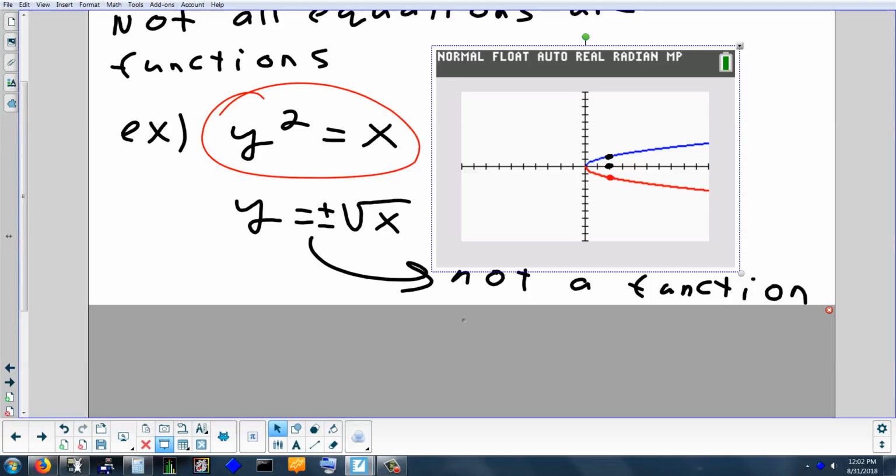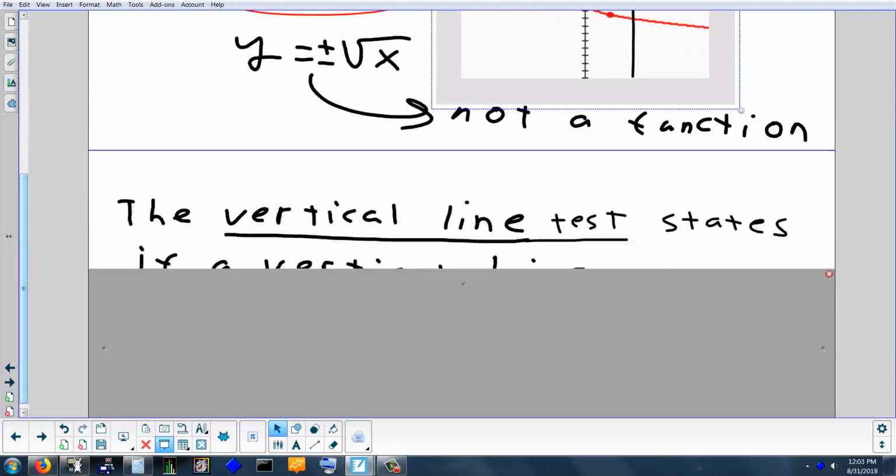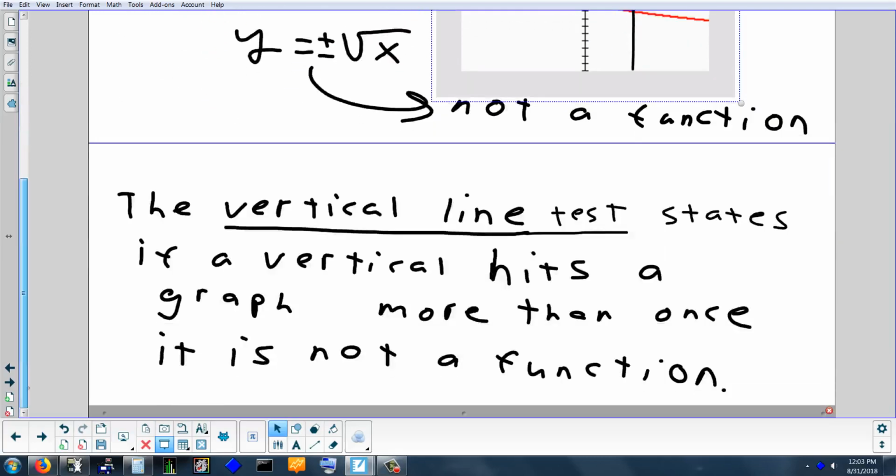That's not a function. Okay? Notice if you put a vertical line, it hits the graph more than once. That's what makes it not a function. So the vertical line test basically says if you can draw a vertical line anywhere on a graph and it hits it more than once, it's not a function. So a circle. Would a circle be a function? No. Hits it more than once.